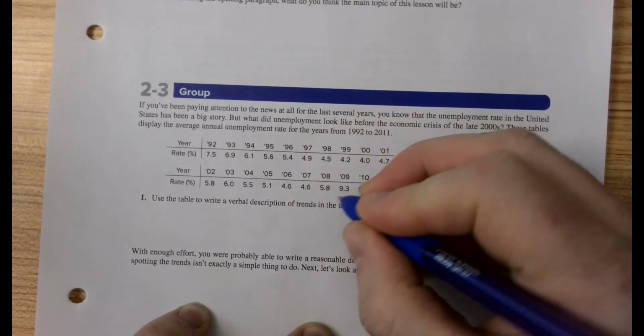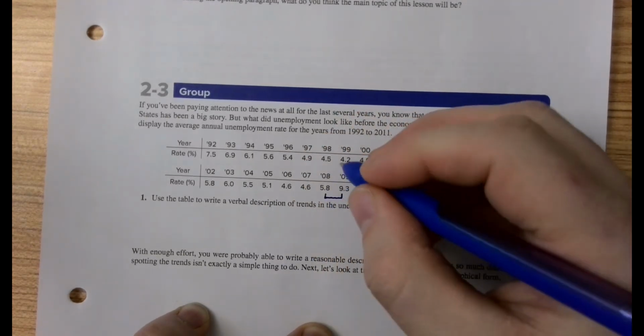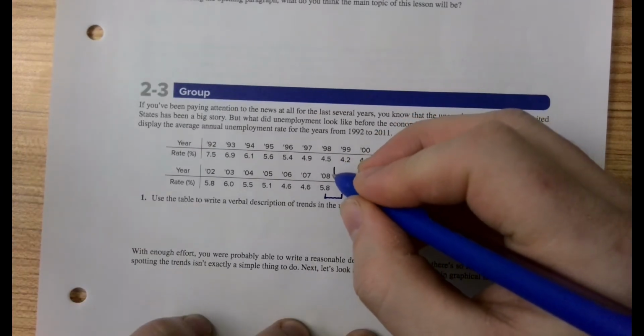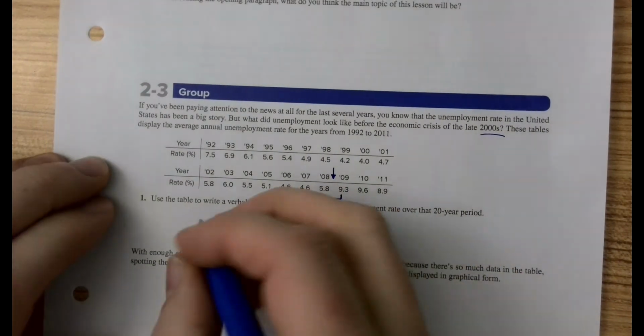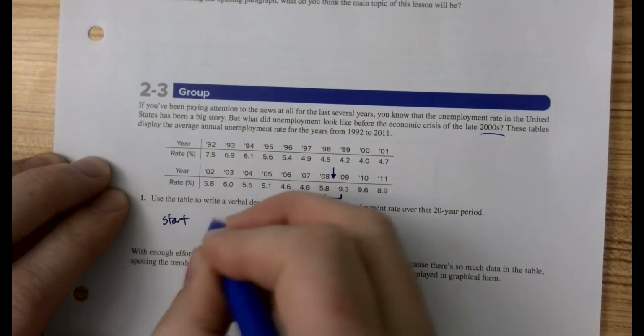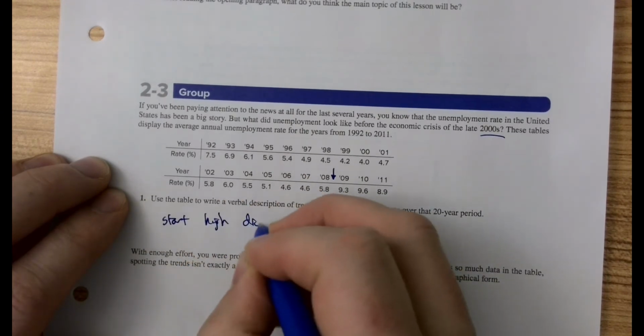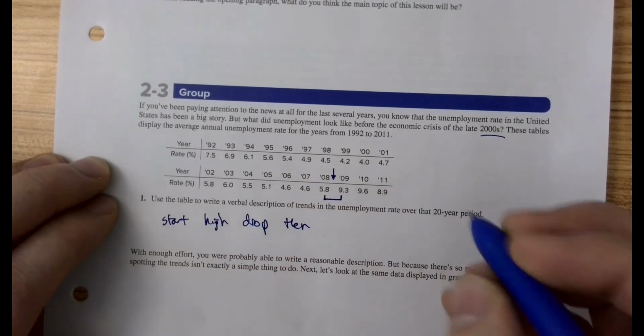I believe right in between 2008, 2009, that was the big Bear Stearns fiasco going on. So it seems to be start high, drop, then go back up kind of idea.